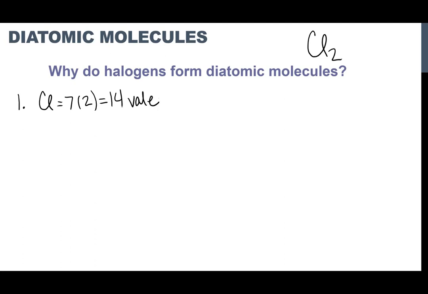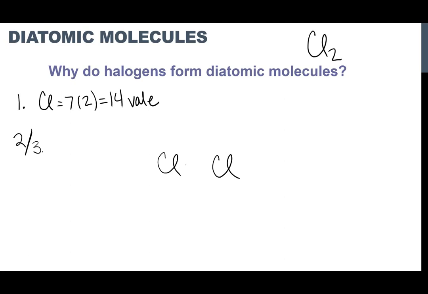Okay. Step 2 is to draw the skeletal structure. Well, there's 2 chlorines, so not a lot of variation here. They're going to be right next to each other. So chlorine and chlorine. And then the third step is to distribute electrons, filling as many valence shells as possible.